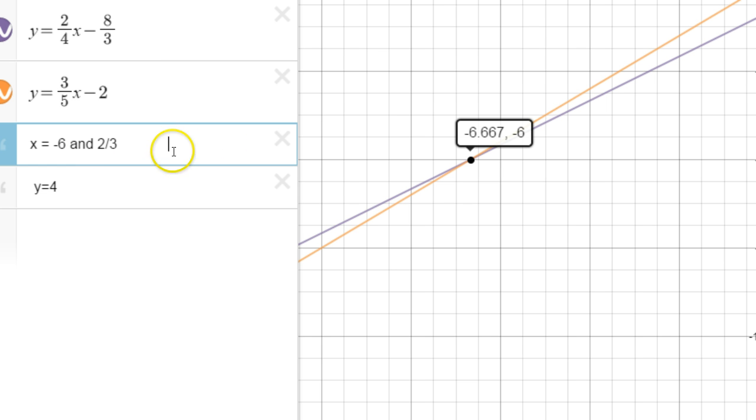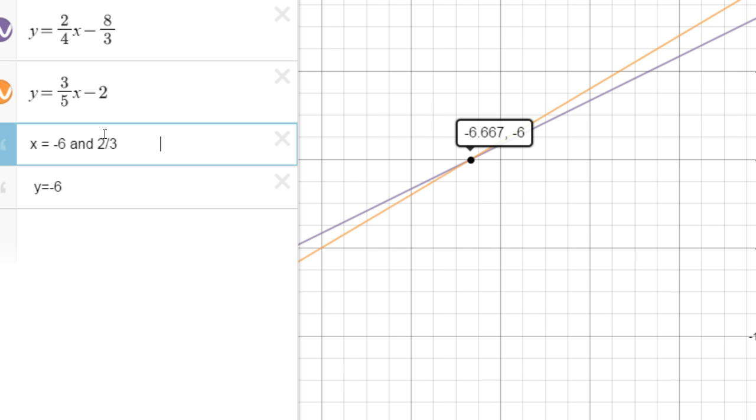Now my y is going to be nice and neat. It's actually -6, so I don't have to do too much with that. But you do have to understand what these decimals are going to be. And if it's an even messier decimal, graphing may not be the best solution for that system. But the majority of the questions you're going to be given in this section are going to be able to be solved by graphing, and it should be really easy to work with.